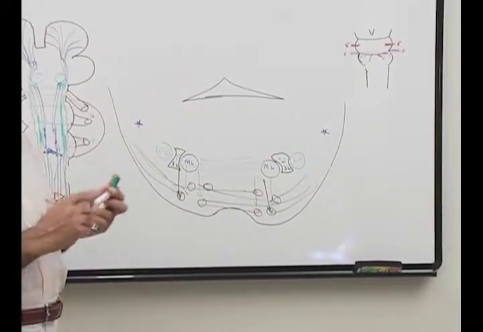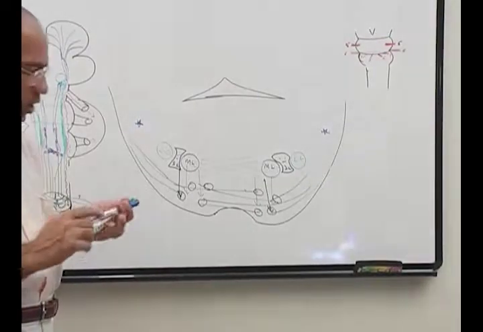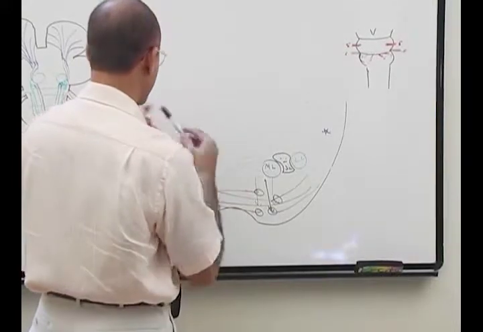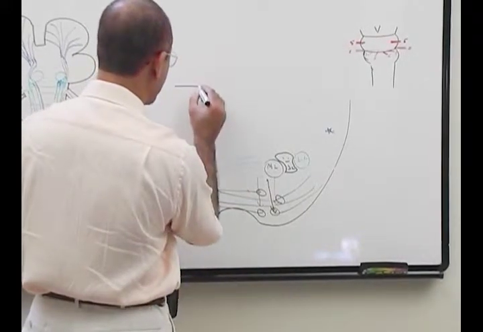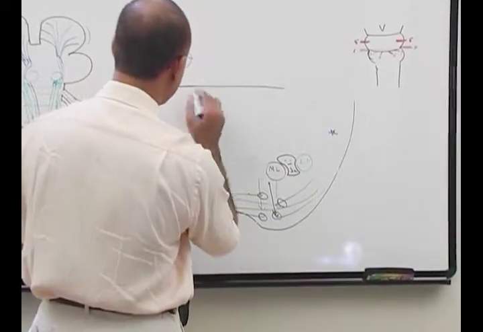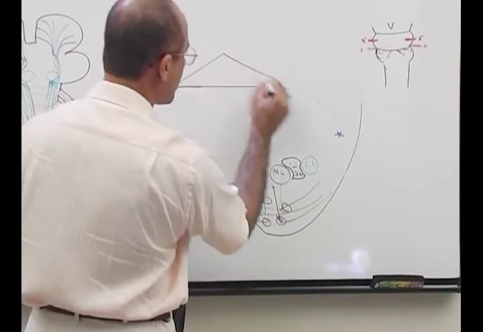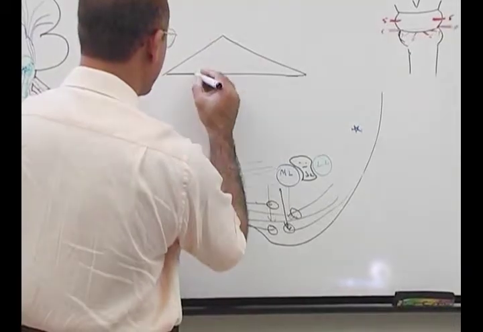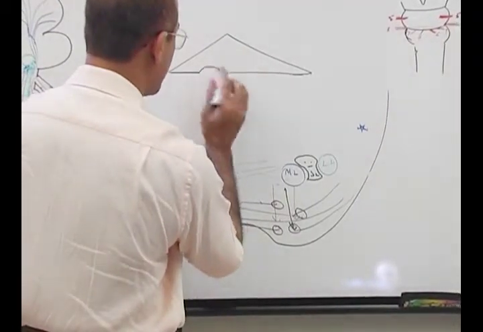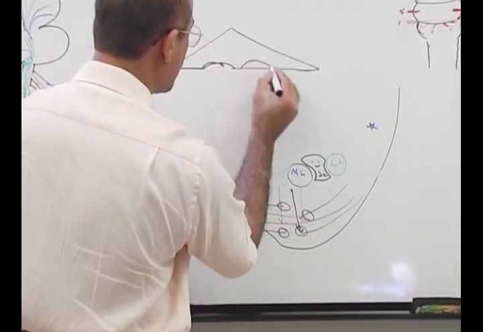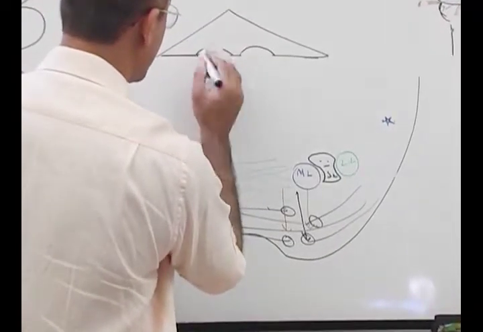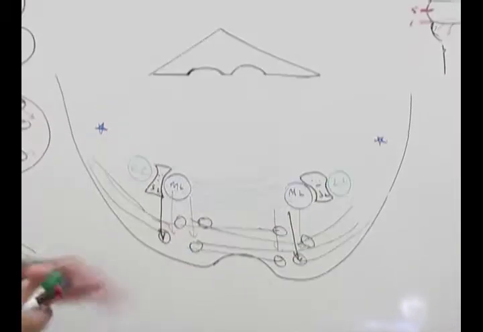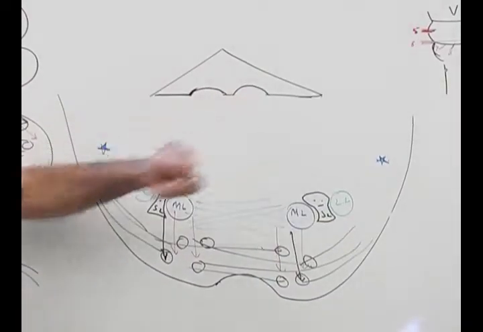Now we come to the local systems, right? In the local system, first of all, in the floor of the fourth ventricle, you must be knowing that there were two elevations within the floor of fourth ventricle. Can you tell me what these elevations were? Facial colliculi. You remember that in the previous lecture?